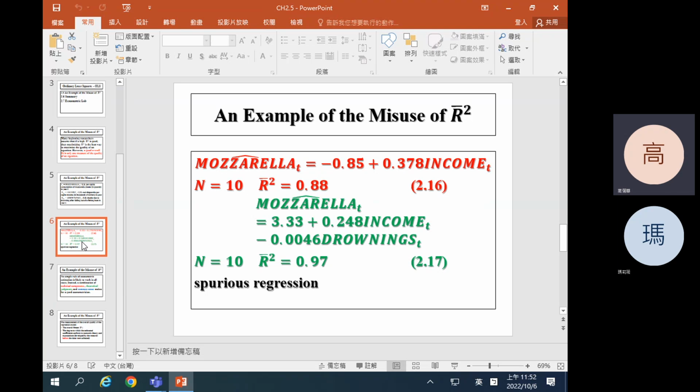Based on the theory, 2.16 is good enough. So this is why the topic is called misuse of adjusted R squared. Do not always just compare and say the higher the adjusted R squared, the better. No, never do.